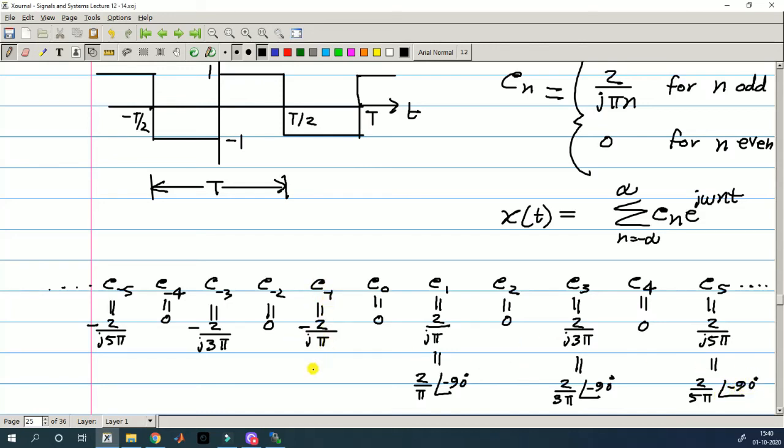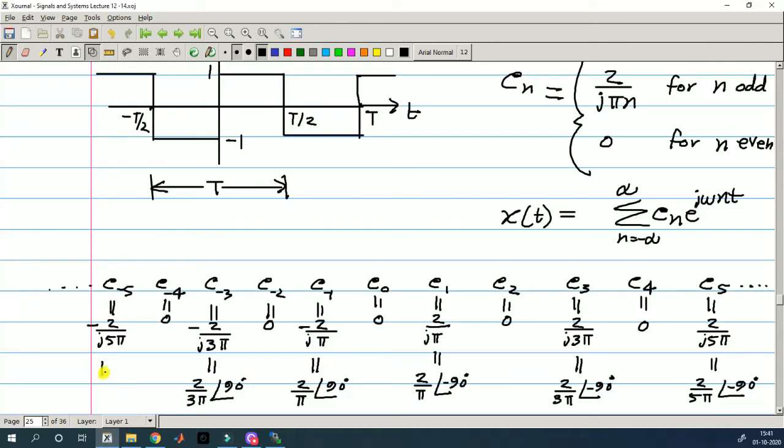C minus 1 is equal to 2 by pi with angle minus 1 by j, that is plus 90 degree. C minus 3 has a magnitude of 2 by 3 pi with angle plus 90 degree.